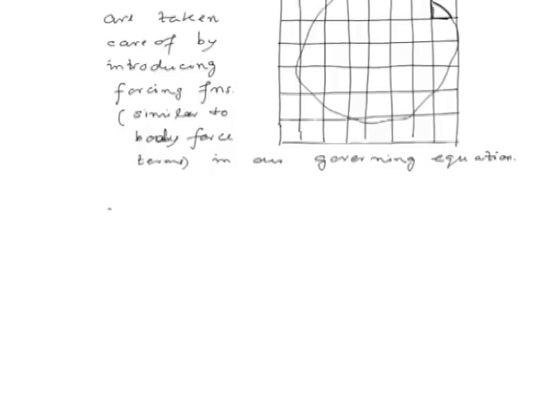So this method was proposed long ago by Peskin in 1972 for what we call today biofluid problems. So naturally, when we are dealing with, let us say, the blood flow in our arteries or heart, we are dealing with fairly complicated geometries.